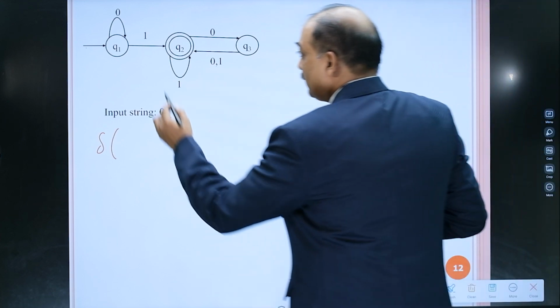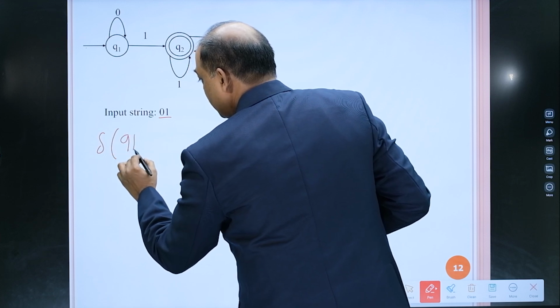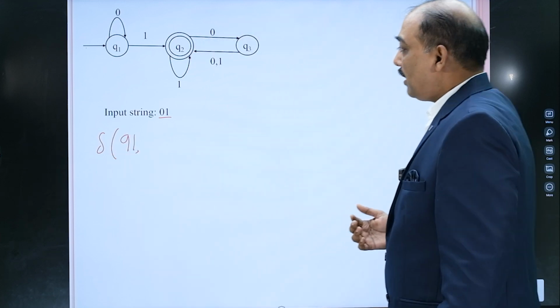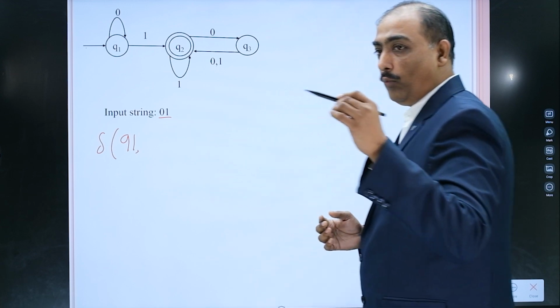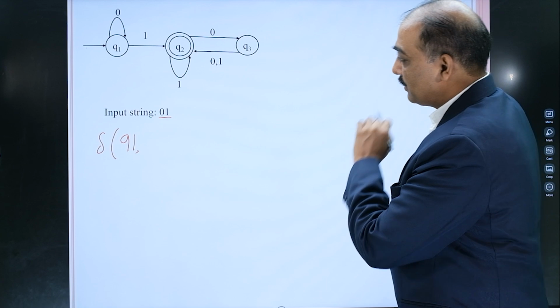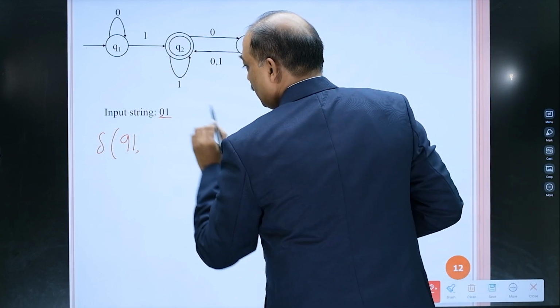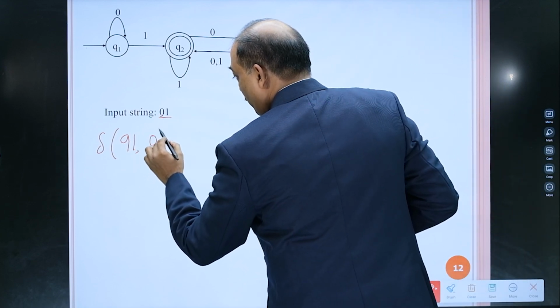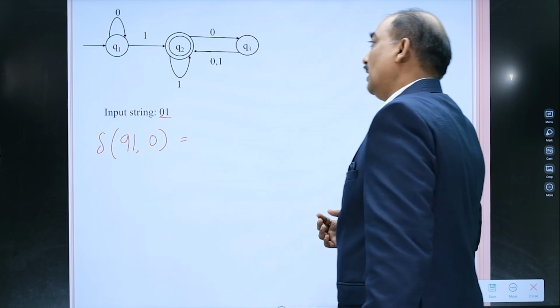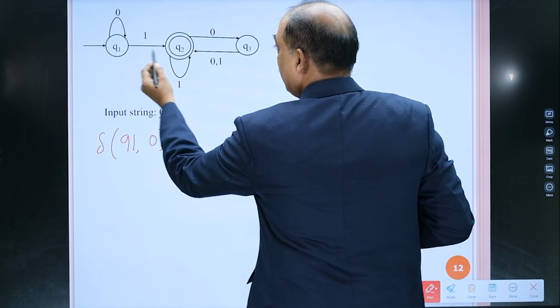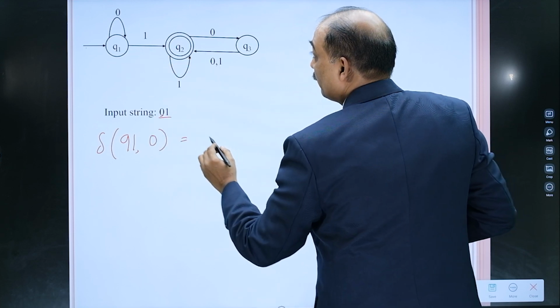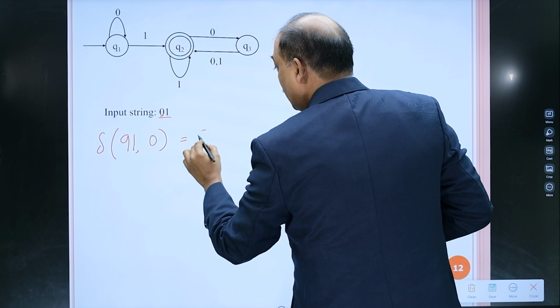Now let's begin with Q1. Q1 becomes my present state or current state, and whatever string is given, I'll start processing one symbol at a time from this string. So let's say it is 0. I'll say delta of Q1, 0. If you look into the transition diagram, Q1 0, follow this transition, it will take me to state Q1, not Q2.